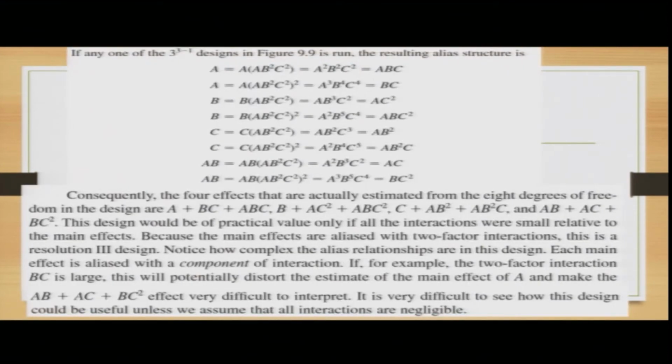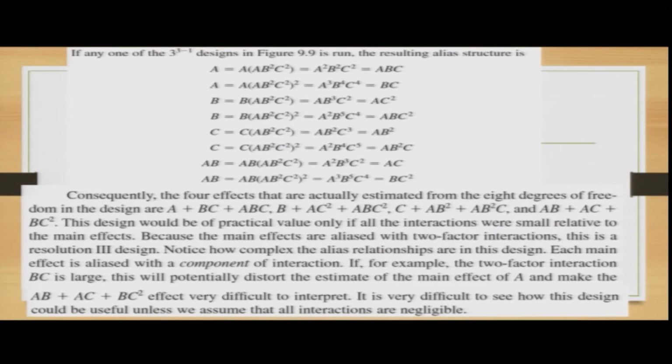If any one of the 3 to the power 3 minus 1 designs is run, the resulting alias structure would be like this. I am only reading the right hand column: ABC, BC, AC square, ABC square, AB square, AB square C, AC and BC square. Based on that, you can find out the combinations of blocks accordingly.